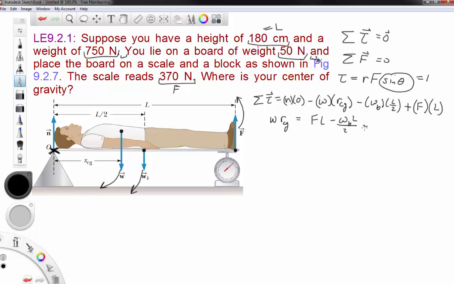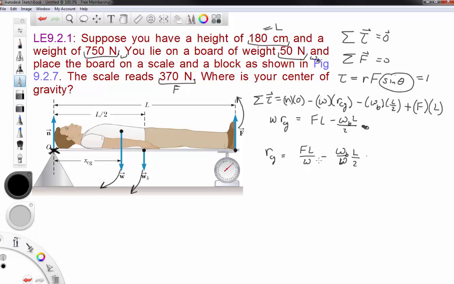So this is basically saying that the center of gravity distance is the force times the length over the weight of the guy, minus the weight of the board over the weight of the guy times the length over 2.